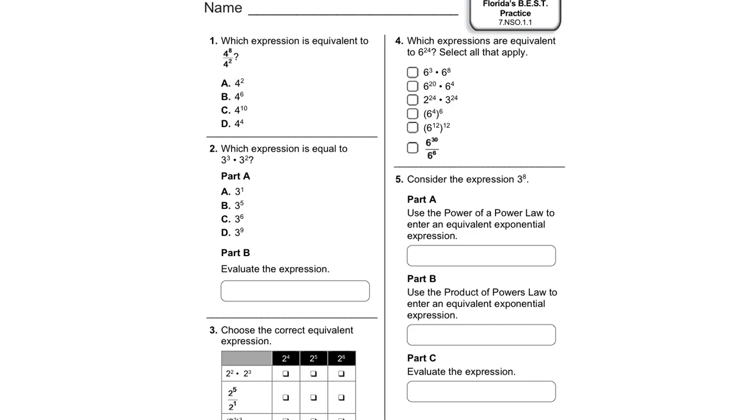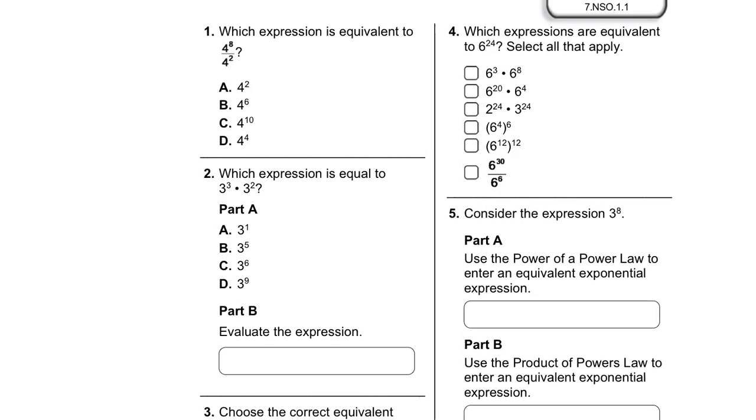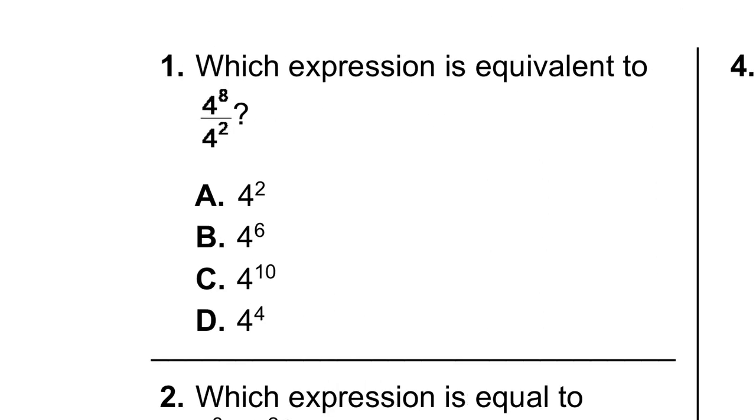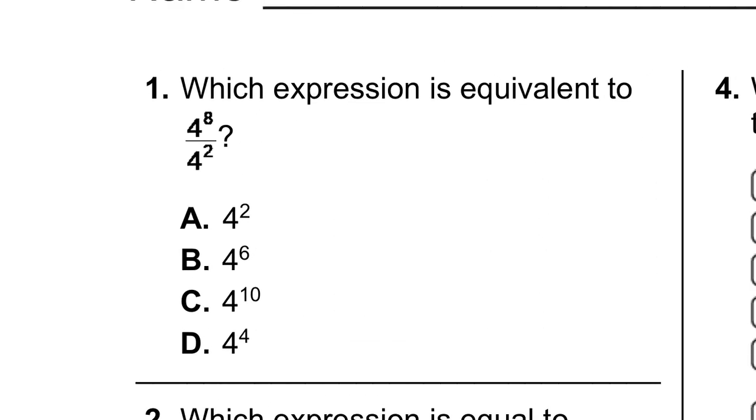Here we are with page 1, and problem number 1 says which expression is equivalent to 4 to the 8th power divided by 4 to the 2nd power. So this is going to be similar to the law of exponent that describes division.